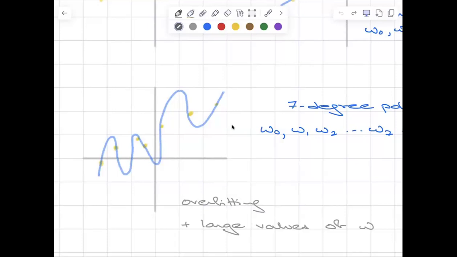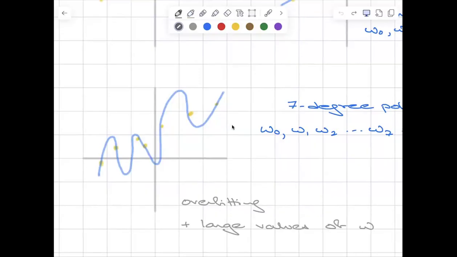This goes back to the trick that we used with the slack variables in SVM. There, we wanted to maximize the minimum margin, and then we added to that objective function c times the sum of the slack variables. Sorry, we changed the maximization into a minimization problem, and then we added the slack variables.